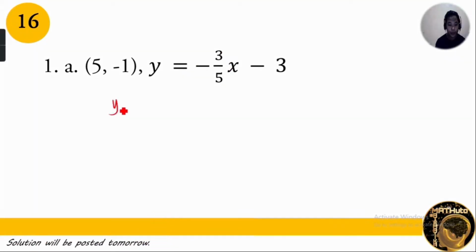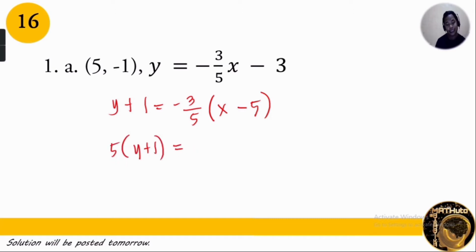So, y plus 1 is equal to negative 3 over 5 times the quantity x minus 5. Cross multiply po natin yung 5 times y plus 1. So, 5 times y plus 1 is equal to negative 3 times x minus 5.